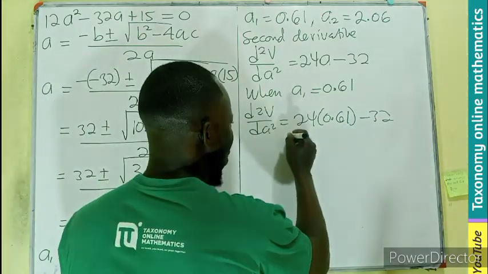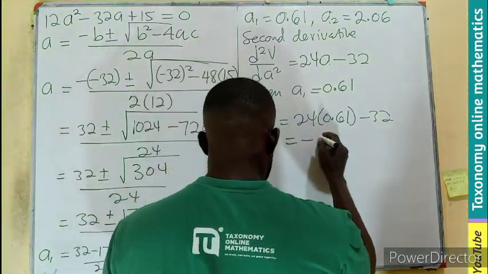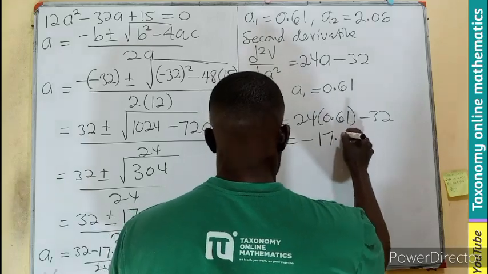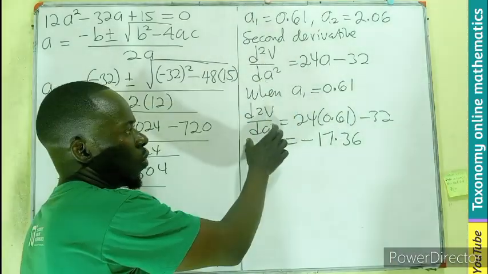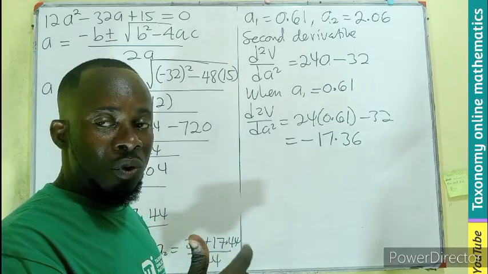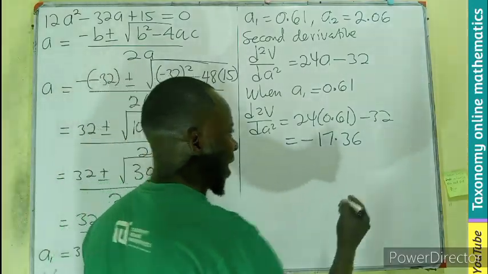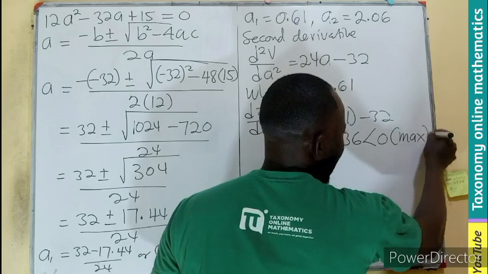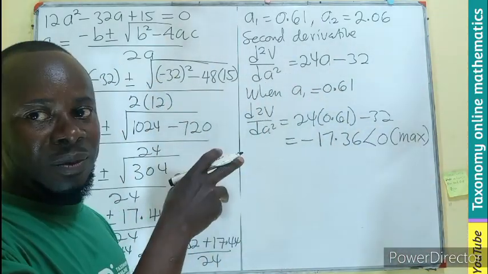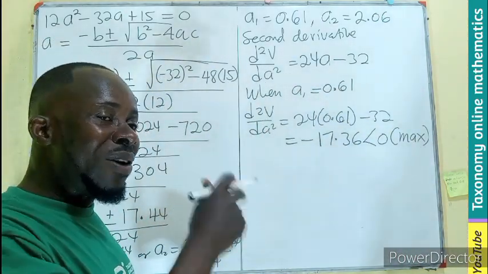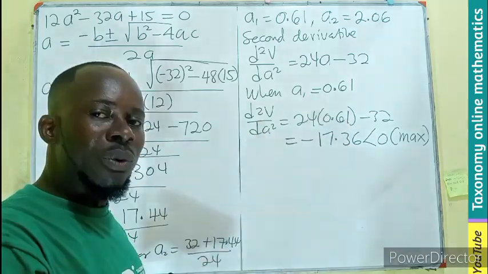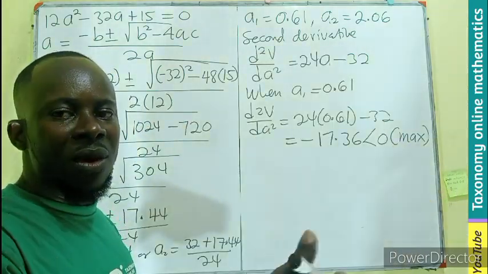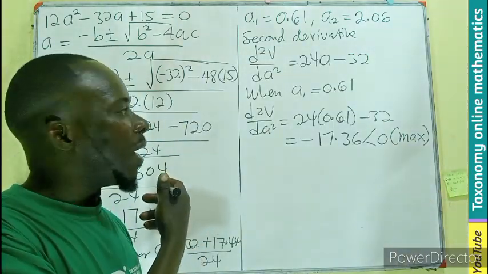If you do that, that will give you negative 17.36. So when your second derivative gives you a negative value, we are saying that value is less than 0. That is proving that it is the maximum point. When we get a second derivative to be less than 0, that gives us the maximum value of our parameter.